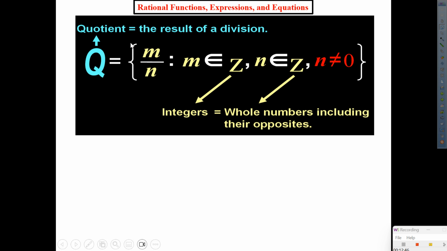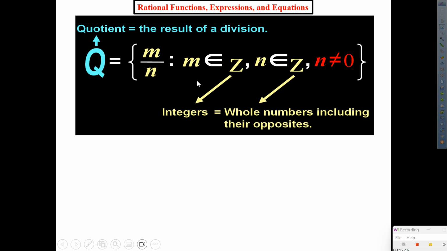So it reads, the set of all fractions m over n, where m is the numerator and n is the denominator, where m and n are integers. What are integers? All positive numbers and their opposites, and negative numbers. Except for what? 0 cannot be an n or the denominator. So you don't have to copy the definition, but that's where fractions come from.